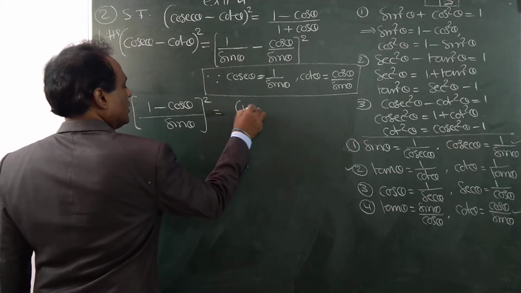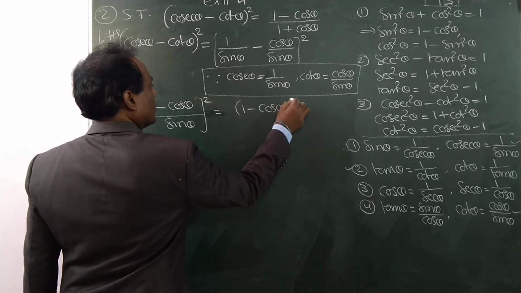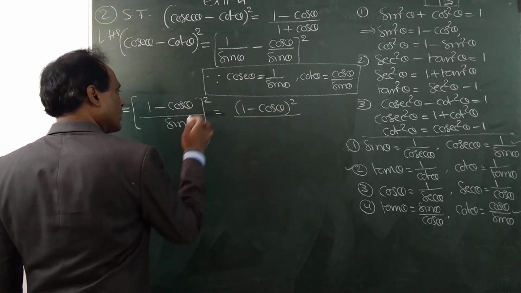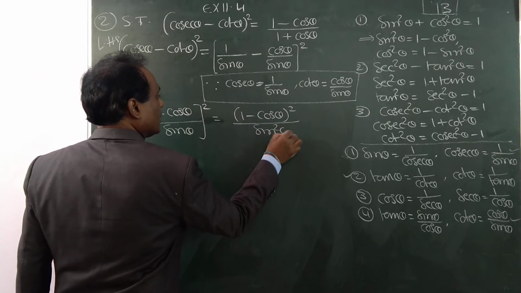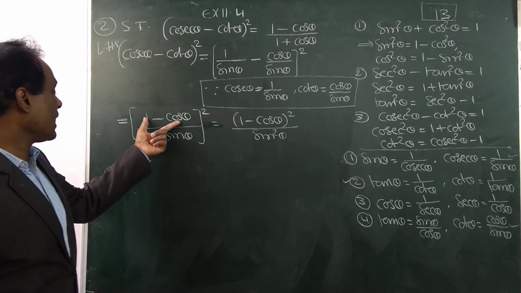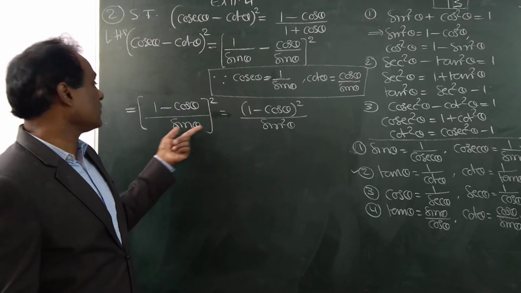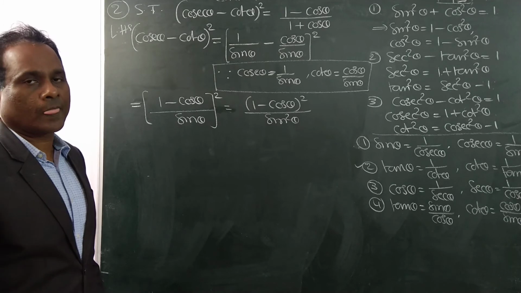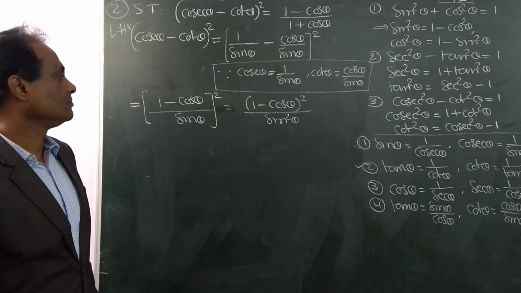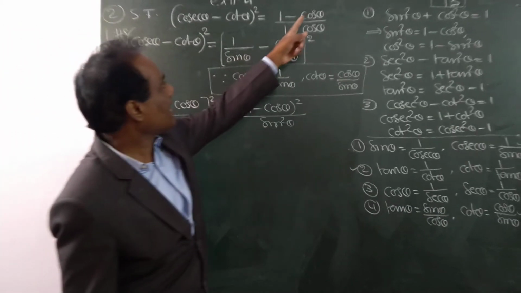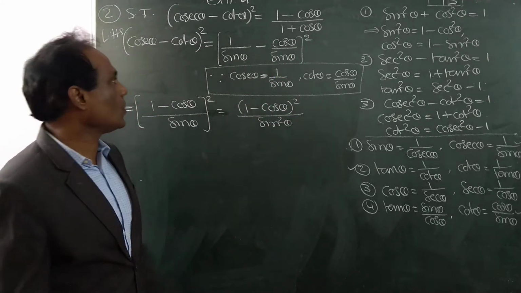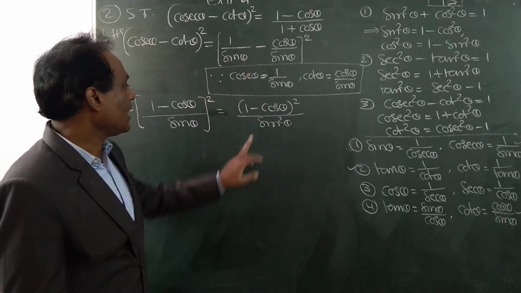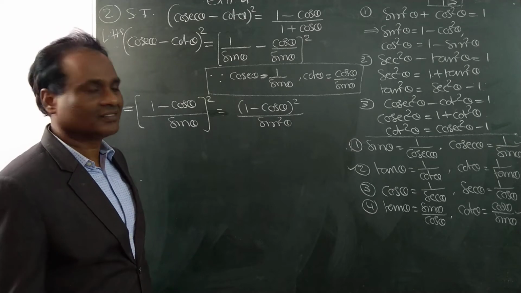Now, the square is for the numerator and denominator: (1 minus cos theta) whole square by sin square theta. But the answer has only cos, no sin. How to remove this sine?